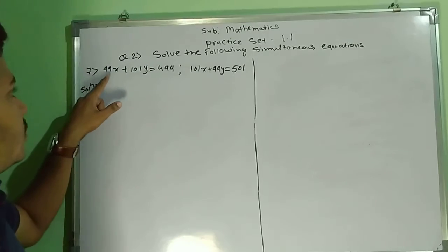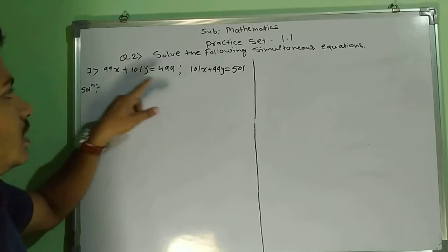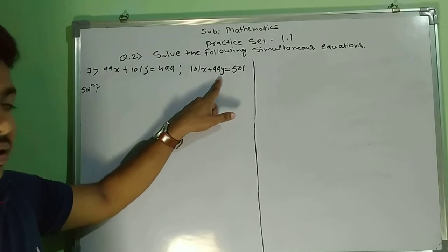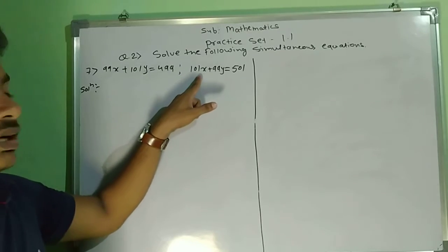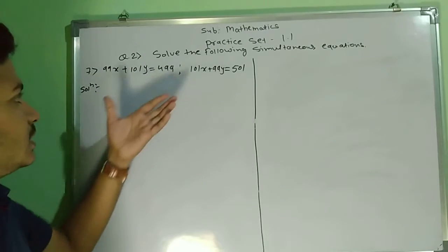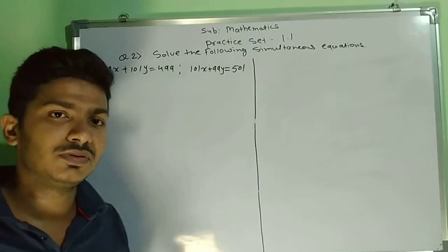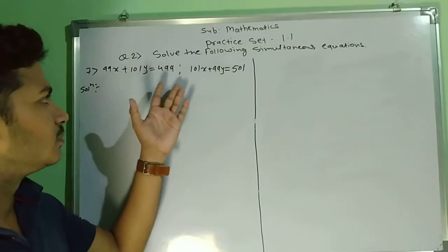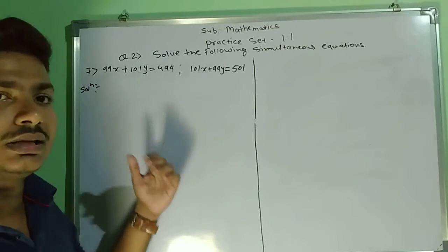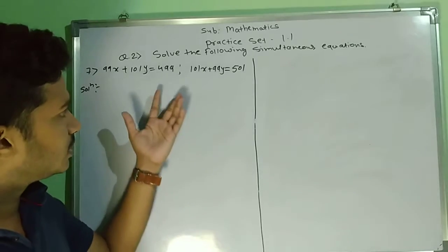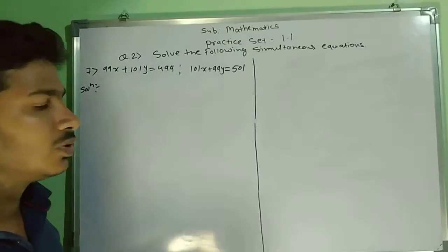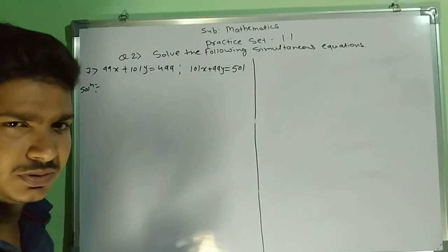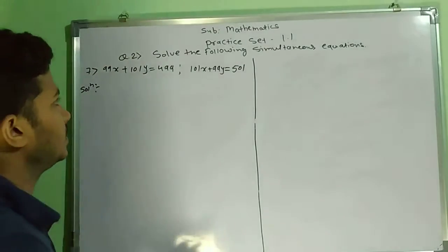That means whichever coefficient of x is here, that is the coefficient of y there, and whichever coefficient is of y, that will be the coefficient of x here. So whenever you see this kind of example, first we need to add both equations, and after that we have to subtract the equations. After doing that, you will get two new equations and you will have to deal with those two equations. Okay, so let's solve that example.